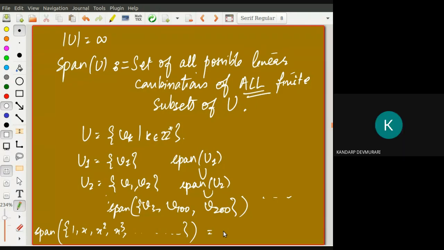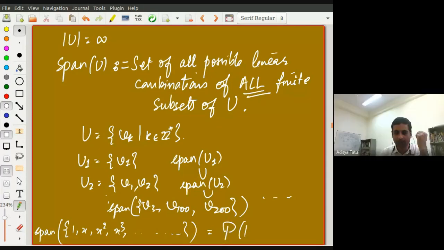All possible polynomials in single variable. Exactly. Have I introduced this notation? Yes, sir. Right. So this would be P of R, basically. Okay.